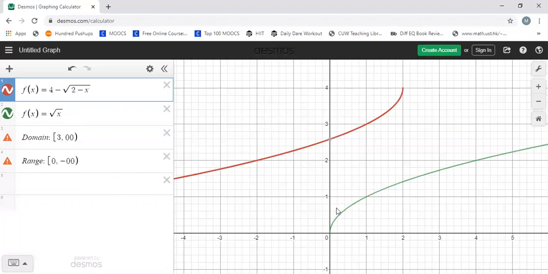How far is this shifted away? Well, it's 2 to the positive and up 4, right? This is a little bit weird, right? This is different than what we've looked at. So the 4 is this.